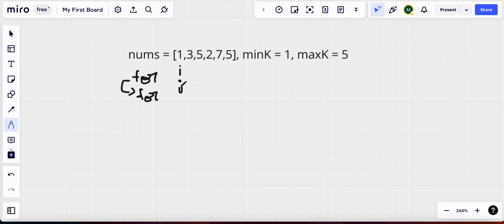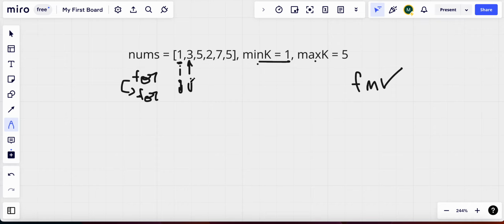Now we start with the value of j equal to i, and we here have the minimum value, right? This value satisfies the condition and it's the minimum. So since we found our minimum, we mark this as true, and then we increment the value of j. It points to this value, which again falls within our min and max k values.